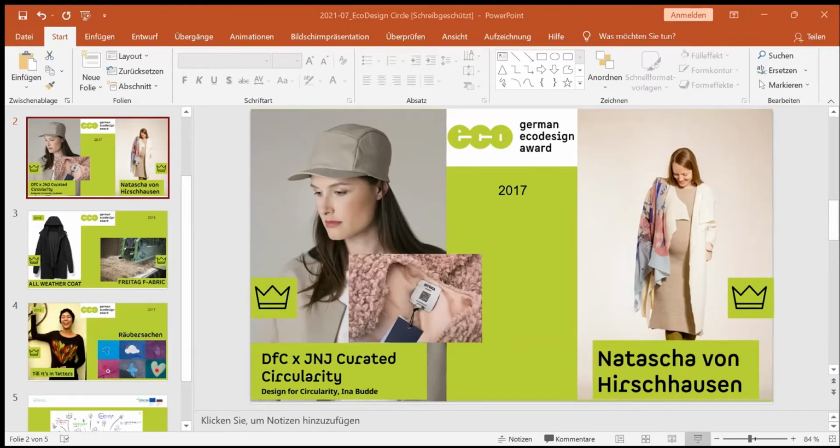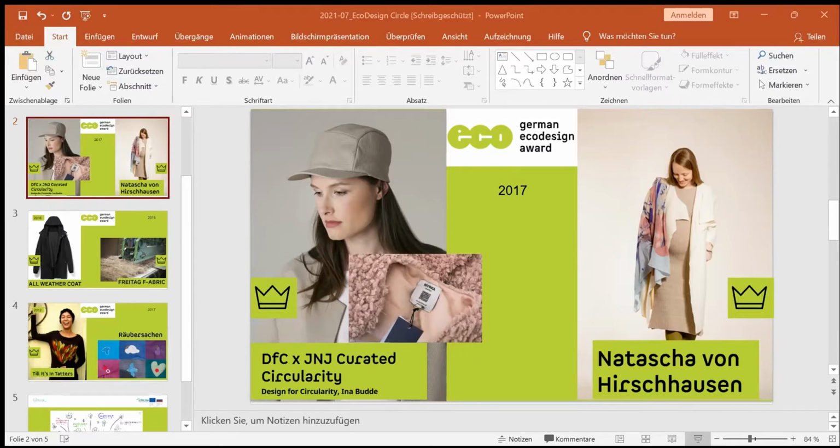Another example is Natascha von Hirschhausen, a designer who also won in the category of product. She has a design studio in Berlin and produces the clothes there. What is important is that she tries to reduce waste, to a maximum of about 1%, because she makes the cuts really as needed and makes customer-tailored solutions.